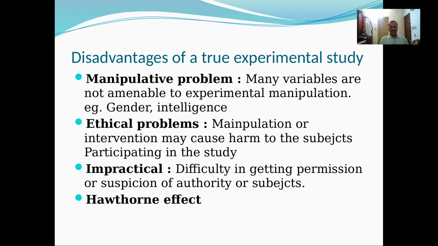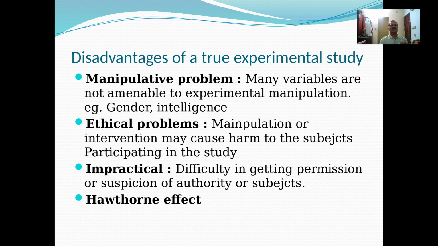The first one, as I mentioned, is a manipulative problem. What does a manipulative problem mean? Many variables are not amenable to experimental manipulation. For example, we take an independent variable such as gender, but we cannot change the gender and see for the same person.